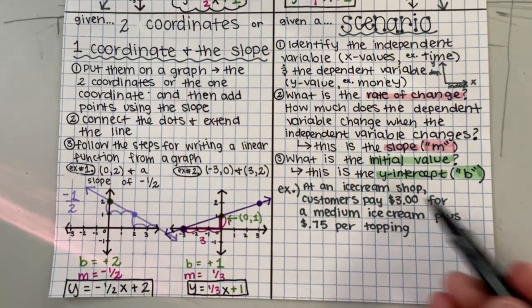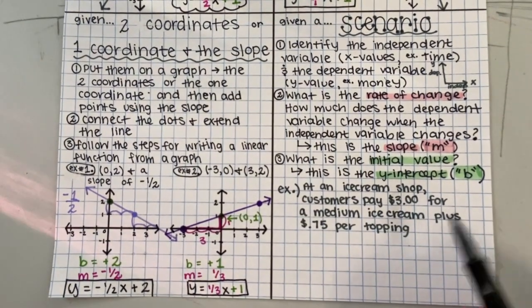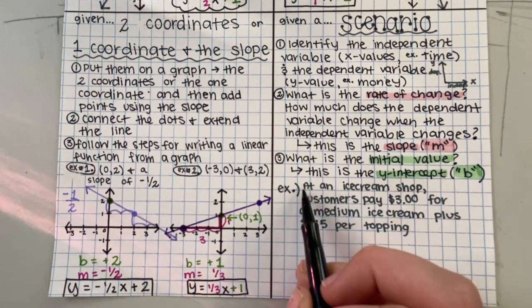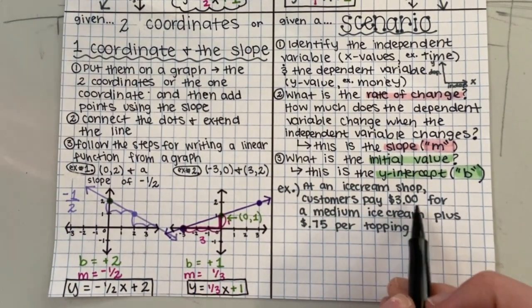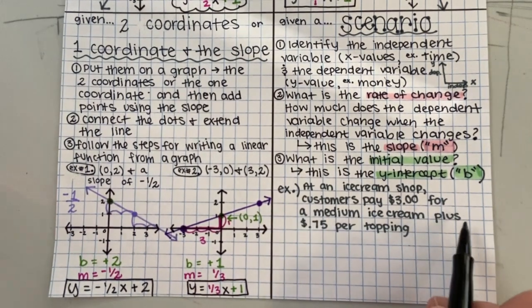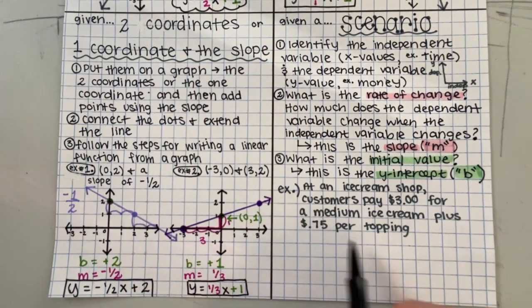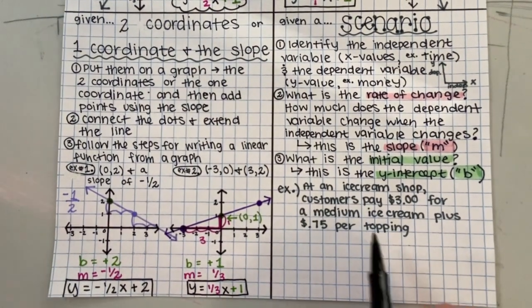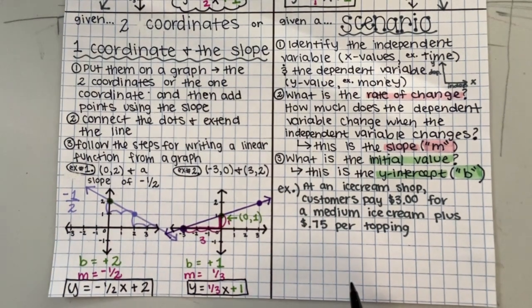So when we're looking at an example, my example that I just wrote down really quickly, which you don't have to write down, is at an ice cream shop, customers pay $3 for a medium ice cream plus 75 cents per topping. So my first thing that I need to identify is my independent variable and my dependent variable.